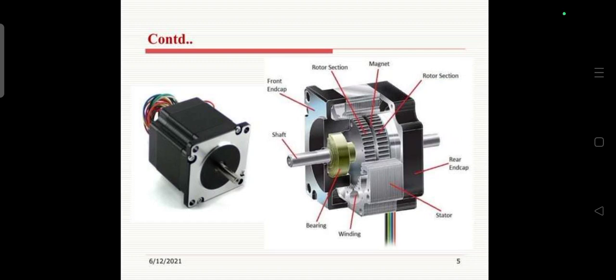Then the important part is the rotor section. The main part is the permanent magnet. Then the rotor section, then the front end cap. The end cap is used to protect the rotor and magnetic field poles.